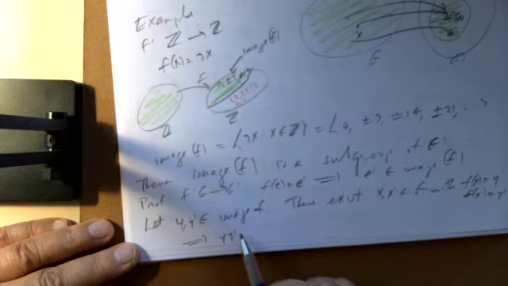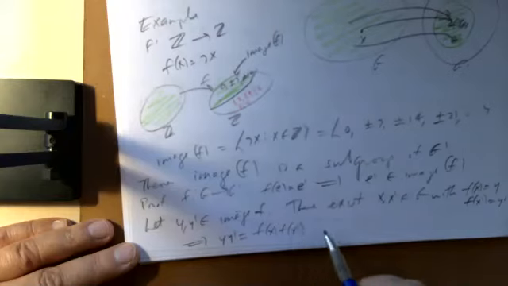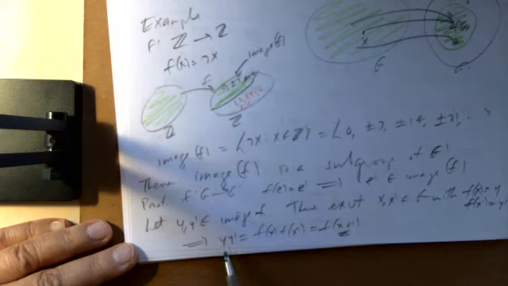So y times y prime is f of x times f of x prime, but that's f of x times x prime. So there's an element in G that f sends to y times y prime.